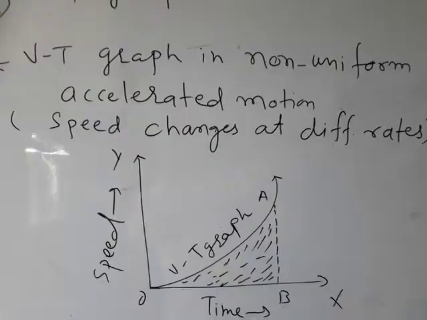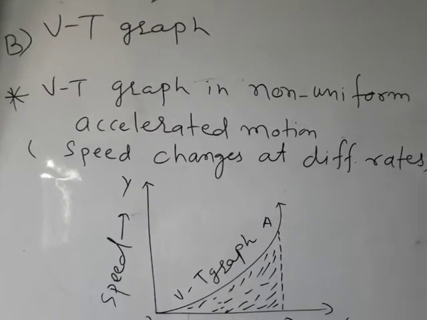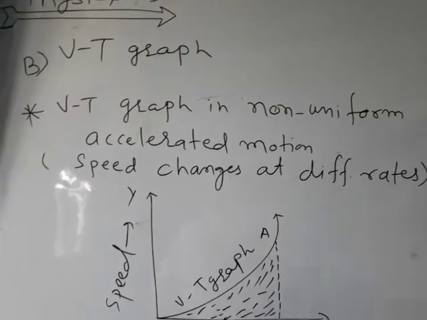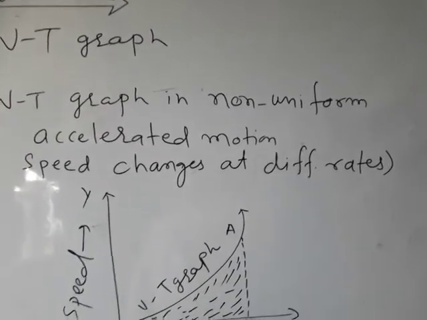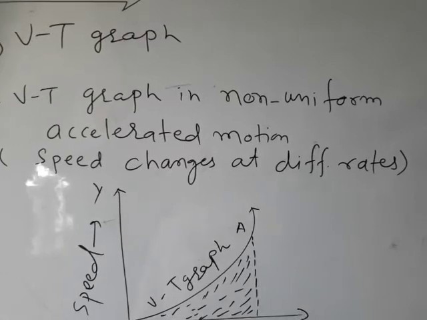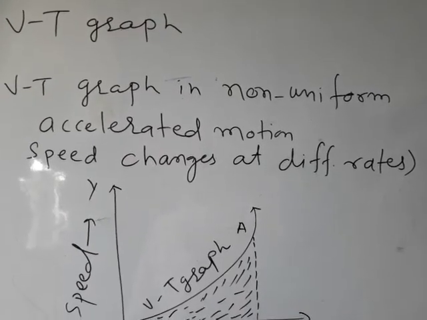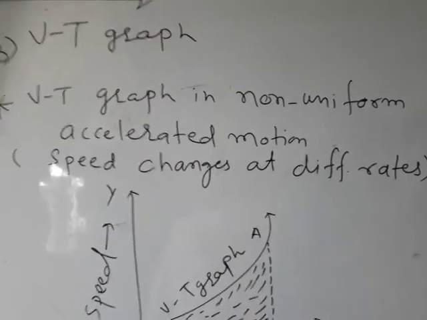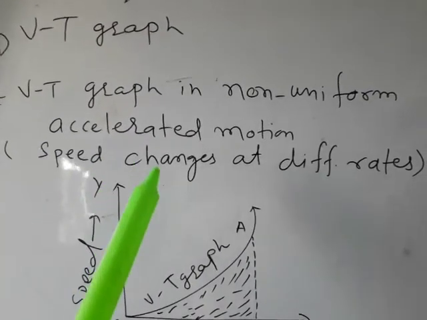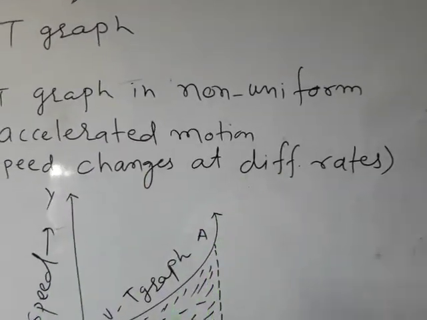Okay students, now we will discuss the v-t graph in non-uniform accelerated motion. It means there is acceleration which is not constant. It means speed changes at different rates.